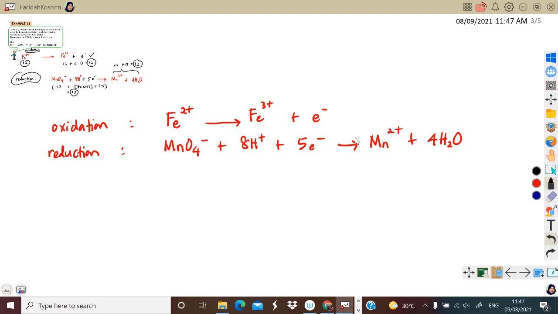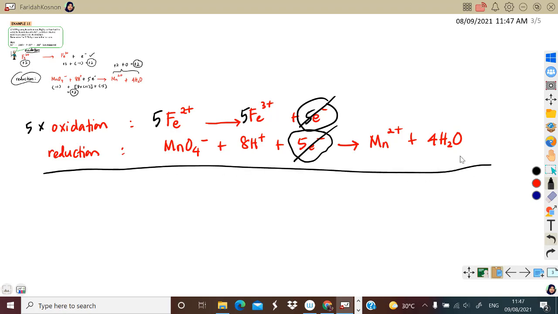So we can see here we have 5 mole of electron in the reduction half equation. Okay, so the first equation we must multiply by 5. So, bila kita multiply by 5, keseluruhan persamaan oxidation, so we have kat sini 5, 5, 5. So, kita boleh cancel out the number of mole of electrons. Okay. So, at the end, we will get the overall equation.